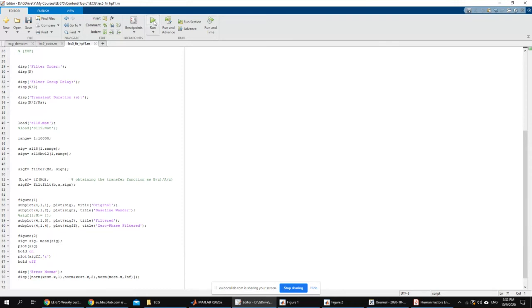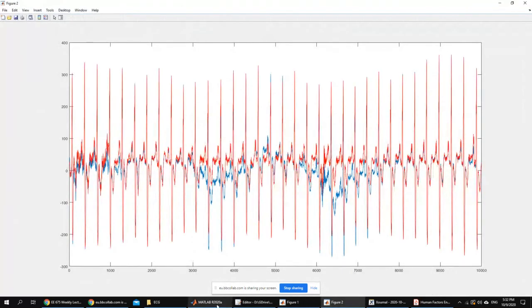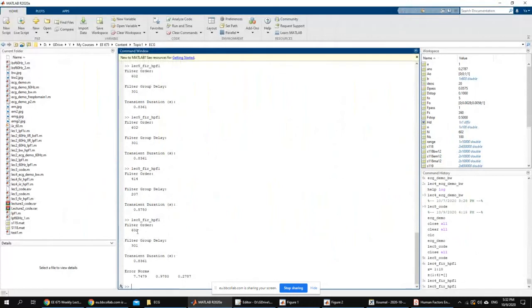So basically, in addition to the things that we saw before, the filter order, the filter group delay, the transient, now I have an estimate of the error norms, as you see here. This is the one norm, this is the two norm, this is the infinity norm.